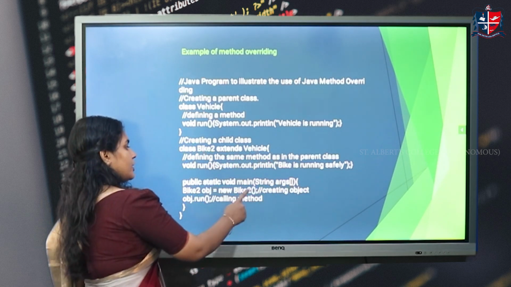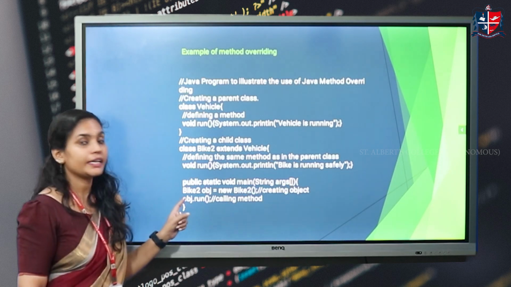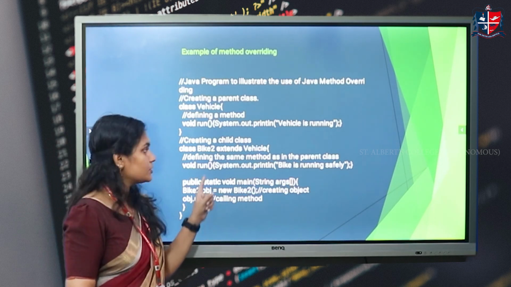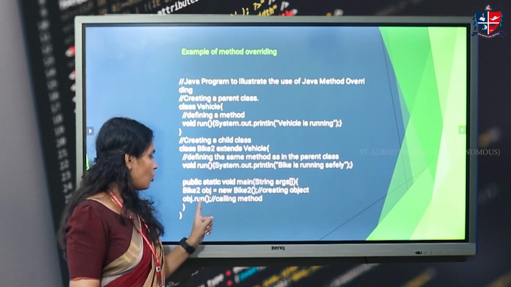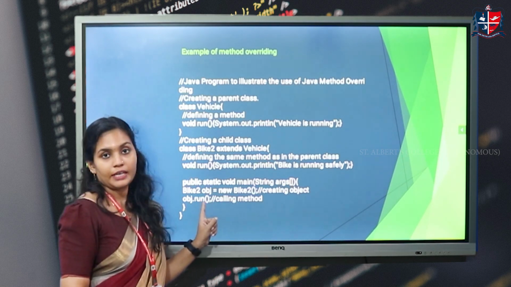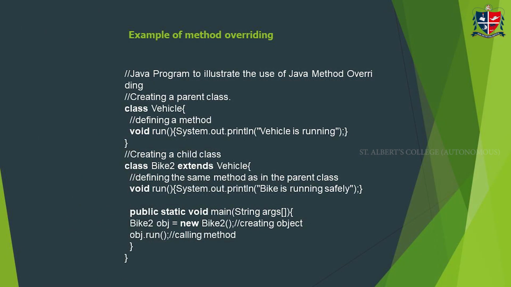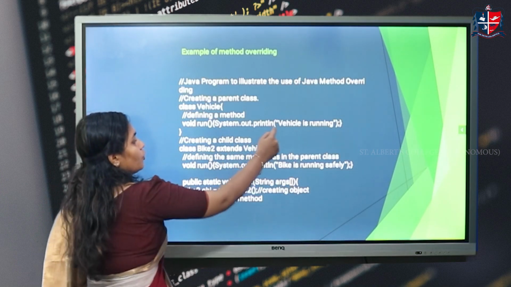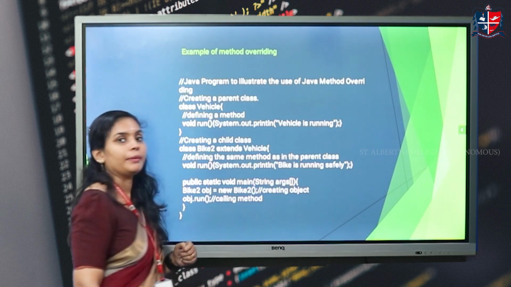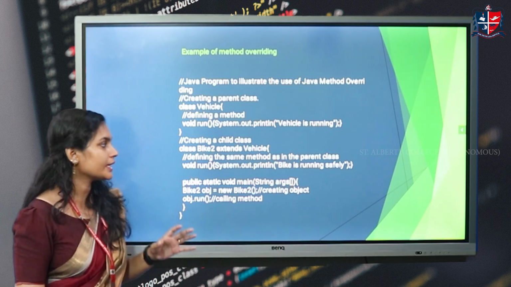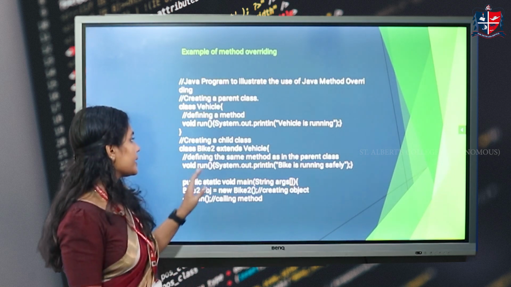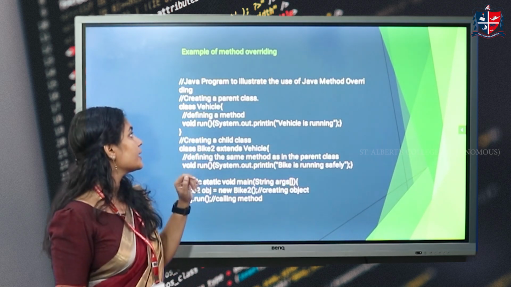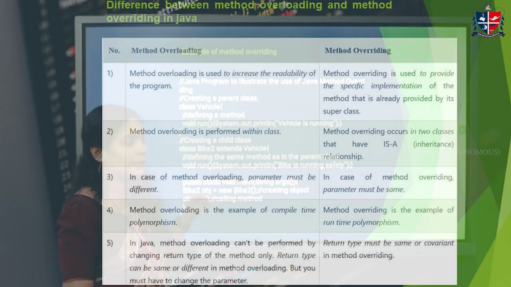In the main function, public static void main, we create the object of the subclass, so the Bike2 object is created. By using the object, we call the run method. So we can access the two functions by using the objects of the subclass.